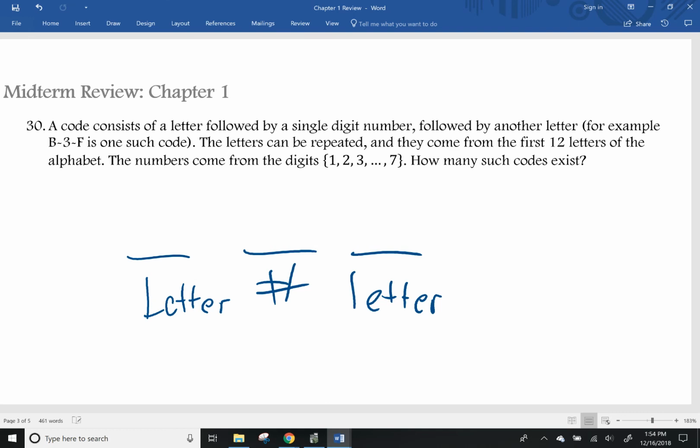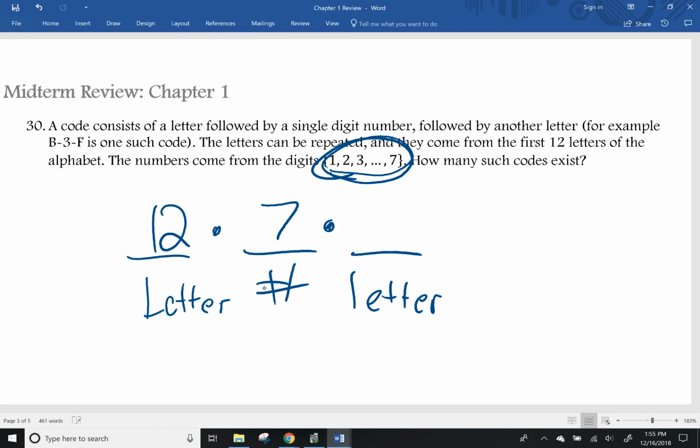Letters can be repeated, from the first 12 letters of the alphabet, and the numbers come from 1 through 7. The first part of my code is a letter, and there are 12 options because I can choose one of the first 12 letters of the alphabet. For the second thing, there are 7 numbers I could choose from, so there's 7 options for that.